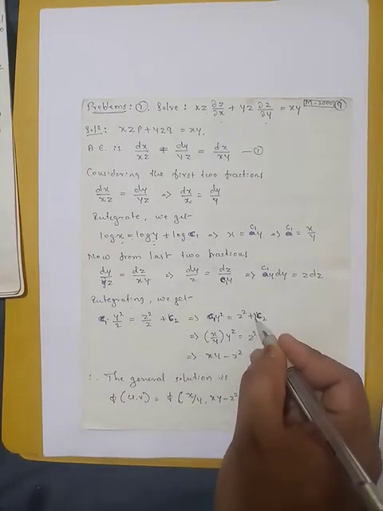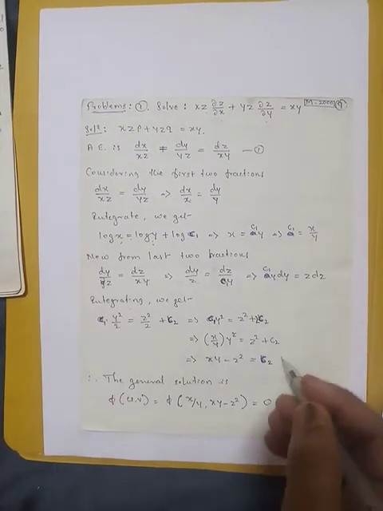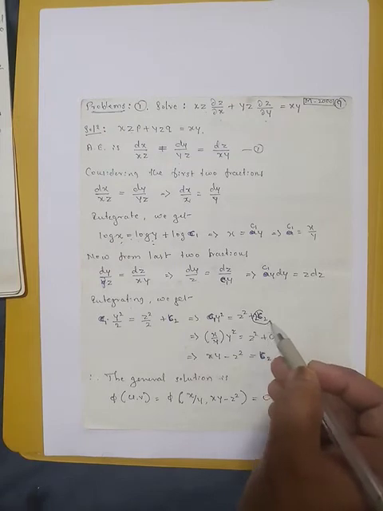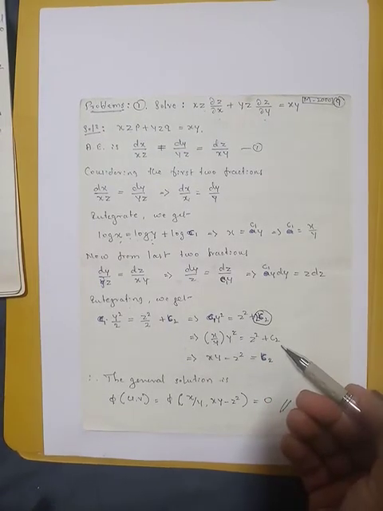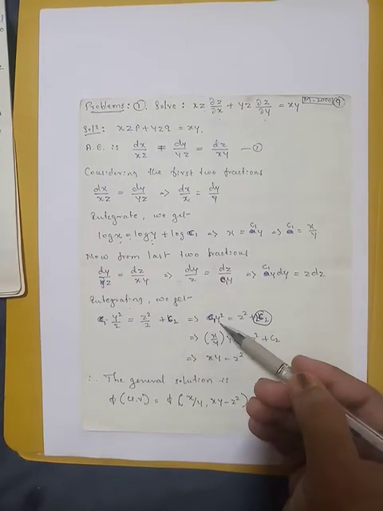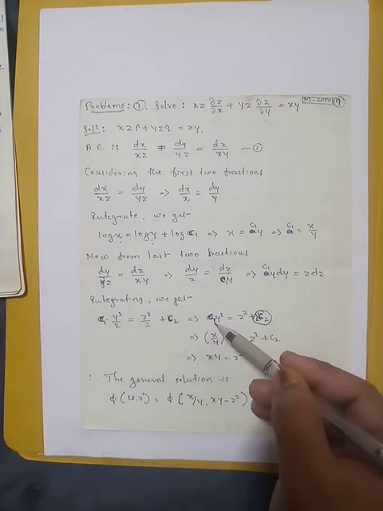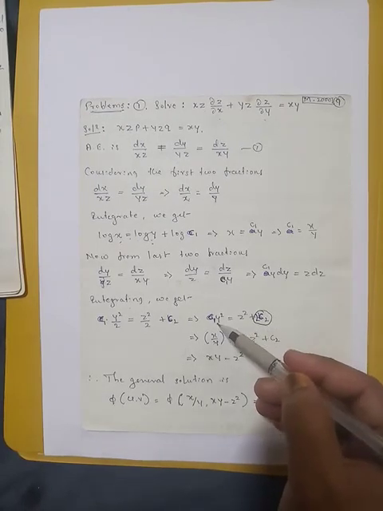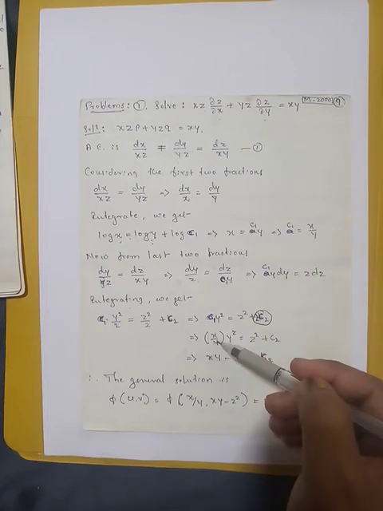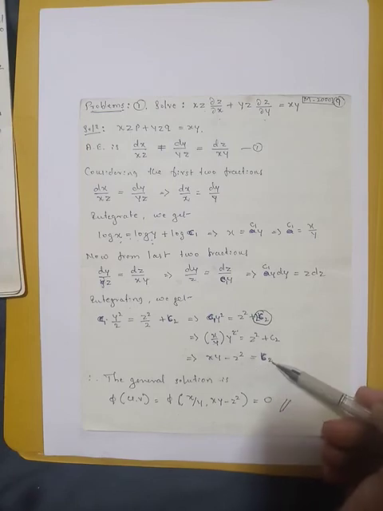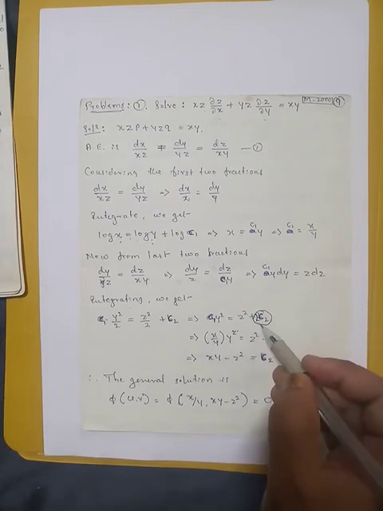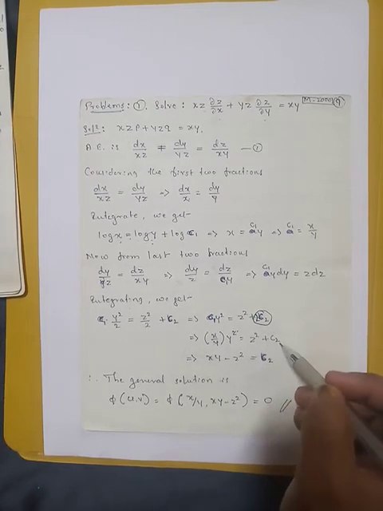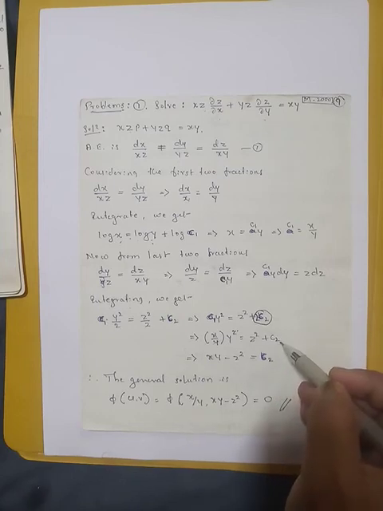Here we get 2c2. This 2c2 is a constant, so we can write it simply as c2. Then we replace c1 by x by y, because we want the value of the second constant c2. Then one y cancels, and we get xy minus z square equal to c2. So don't get confused with the 2c2 or simply c2; this constant we can put in the form of c2 only.